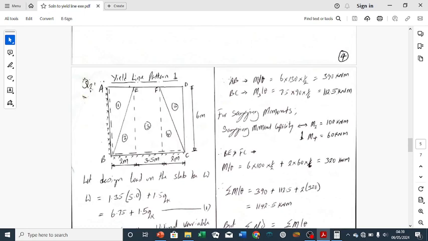For hogging moment AB, which goes here, remember hogging moment or internal energy is calculated as m L theta. In this case m is the moment, L is the length of the hogging span. The length of the hogging yield line is this place, which is 6 meters. So we have 6 here.